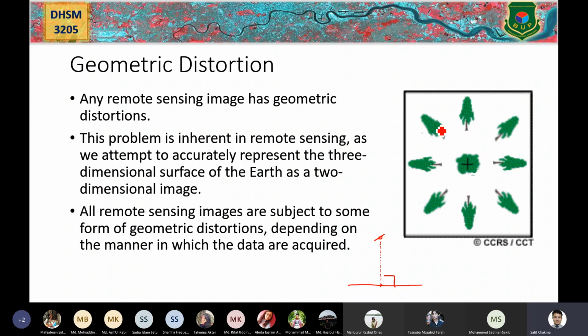So if you are up in the sky and looking at these trees standing on the ground, and you are here on the satellite, or an airplane, or a hot air balloon, and you look exactly below you, that's your nadir point.